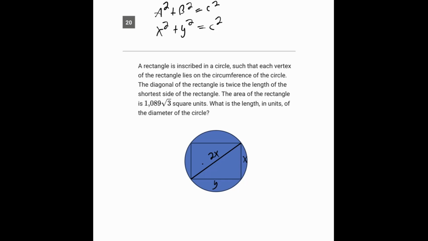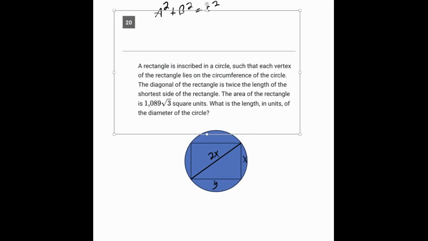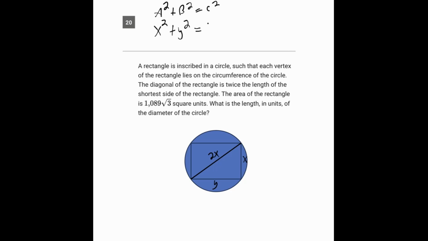And so x squared plus y squared is 2x squared. 2x times 2x is 4x squared. So we have 4x squared is equal to x squared plus y squared.